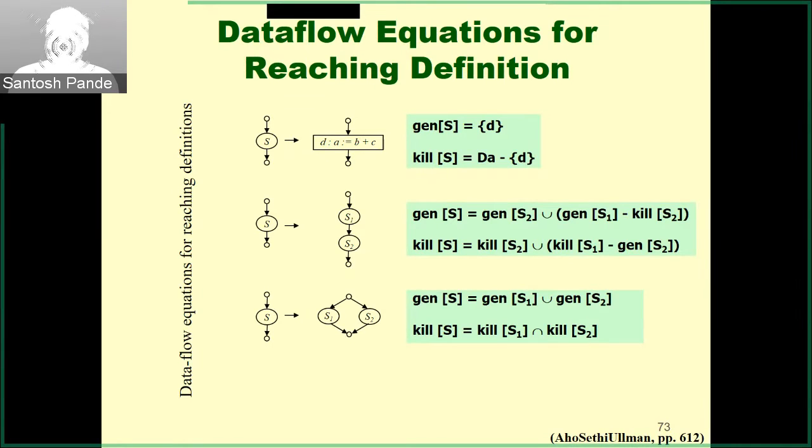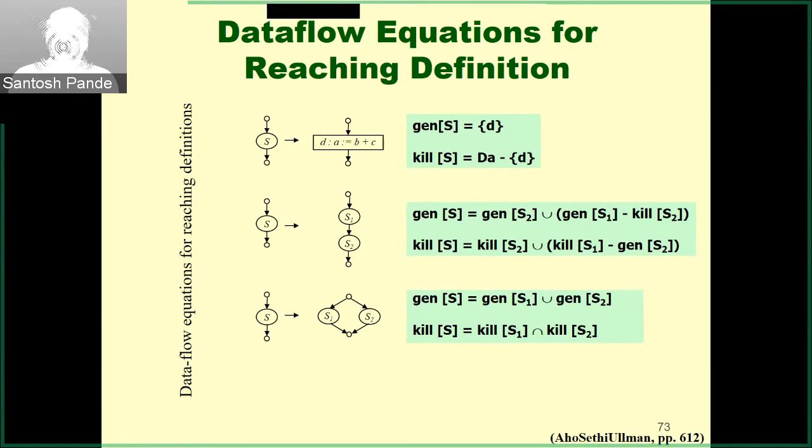Whereas if you see the kill set, that's also interesting in the way it is composed. Whatever is killed in S2 is of course killed, union whatever is killed in S1 minus gen in S2. So if something is not regenerated but is killed in S1, that also makes it into the kill set.